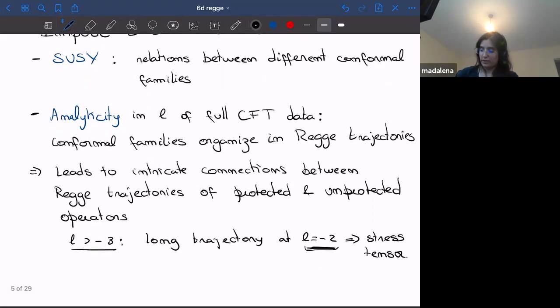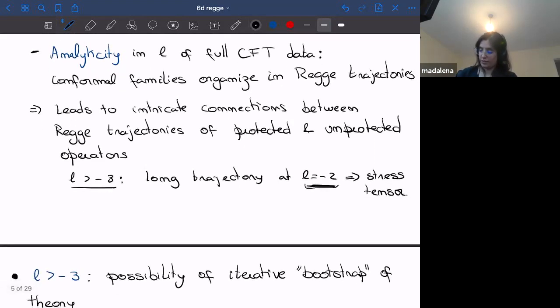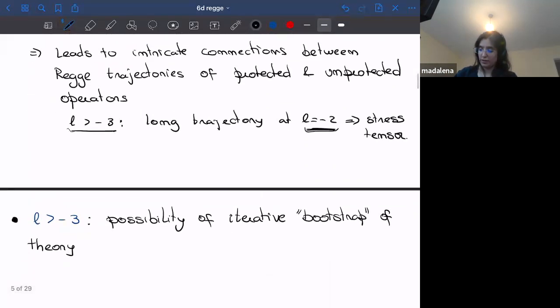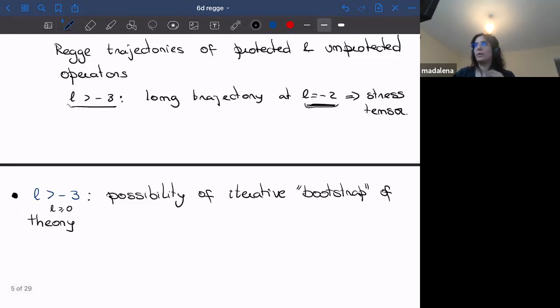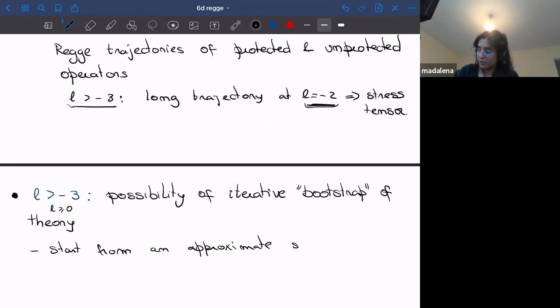This is one feature of going to negative spin. Another consequence of L bigger than -3, where here actually L bigger or equal than 0 would have been enough, is that we can now attempt to do some iterative bootstrap of the theory. So let's say we start from an approximate spectrum, from some knowledge of the spectrum.